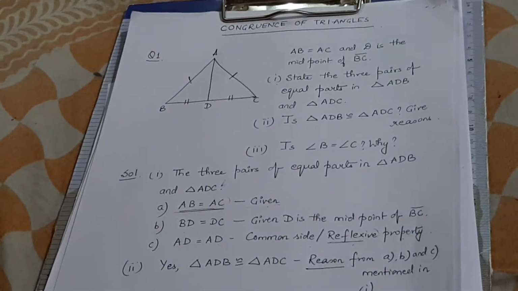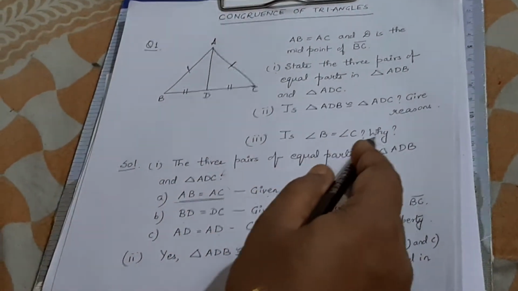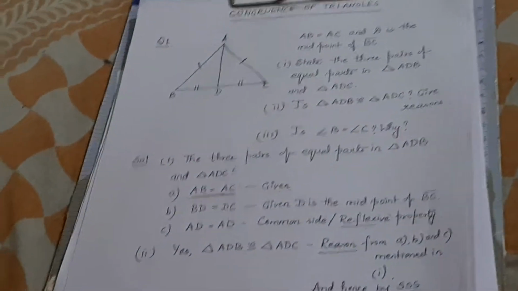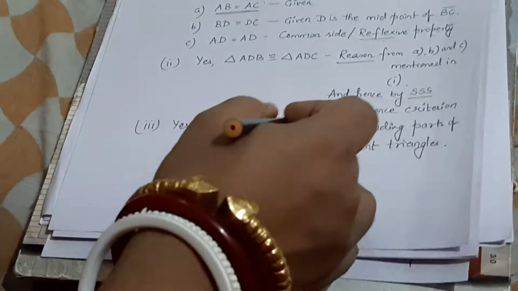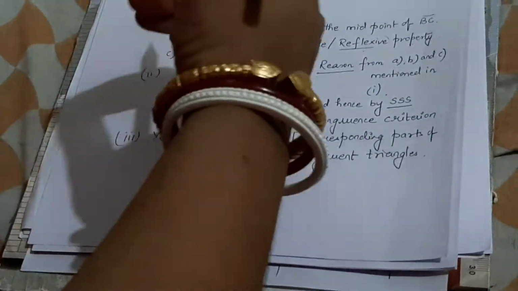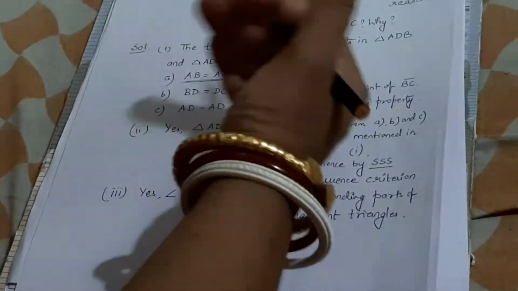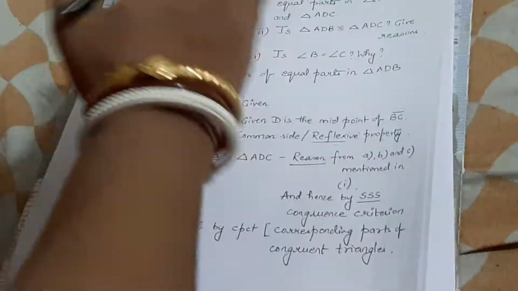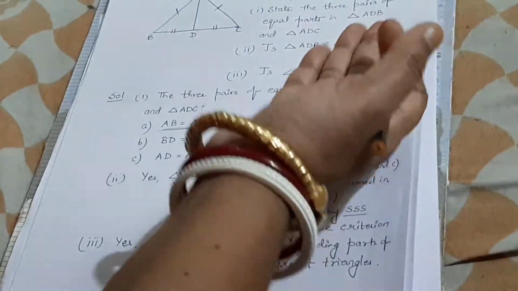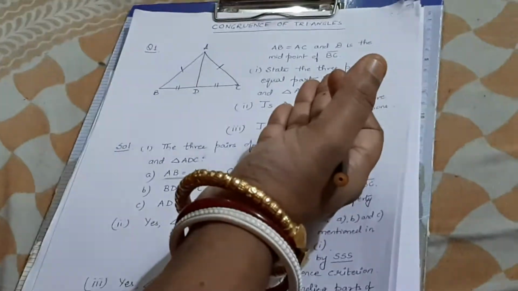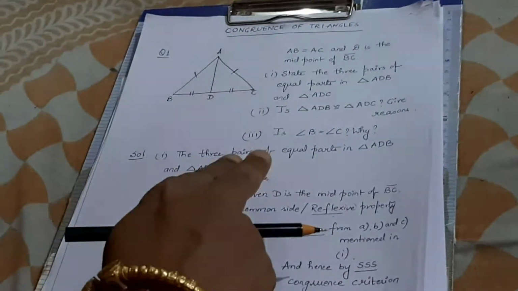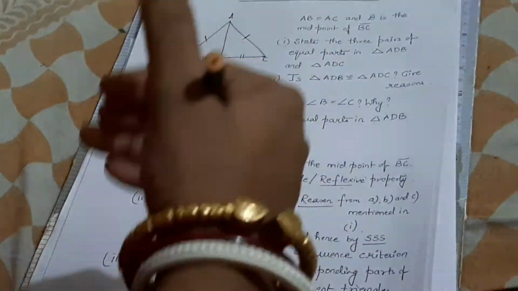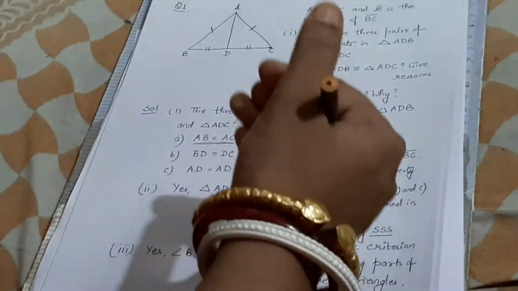Last one, I have written, is angle B equal to angle C? Why? I have written yes, angle B is equal to angle C by CPCT. When you have already proved that two triangles are congruent, and the next part asks whether this side is equal to this side or whether this angle is equal to this angle, that means जो बाकी corresponding parts हैं वो भी equal होंगे.